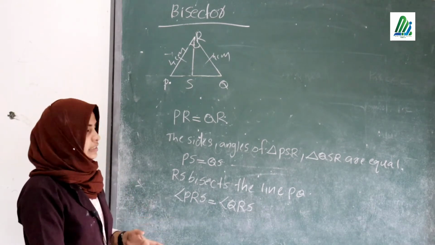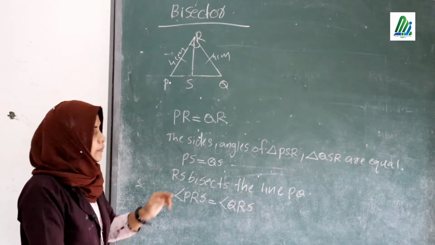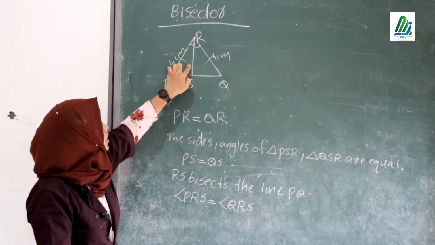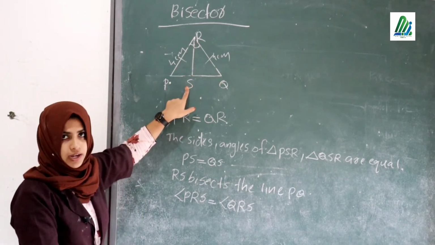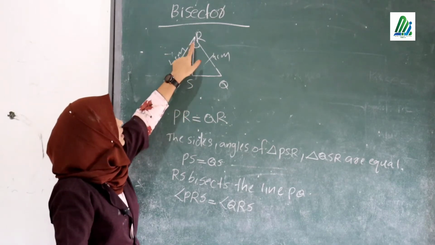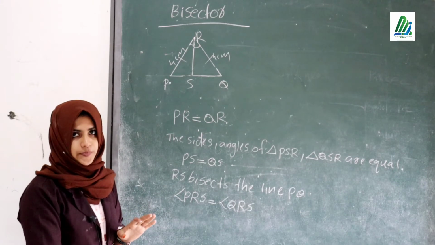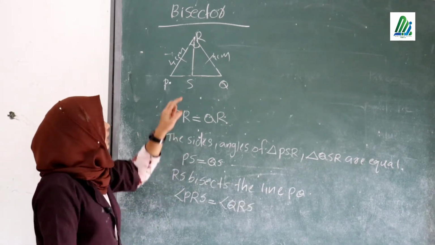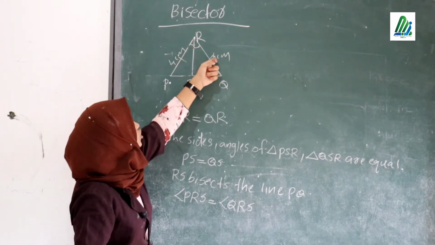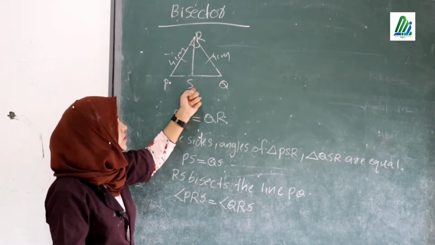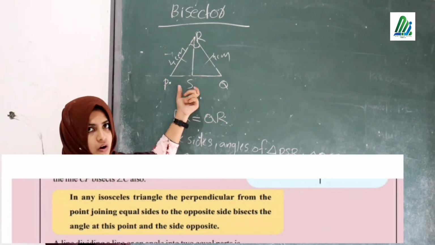So this is an isosceles triangle. So in any isosceles triangle, the perpendicular from the point joining equal sides to the opposite side bisects the angle at this point and also the side opposite.